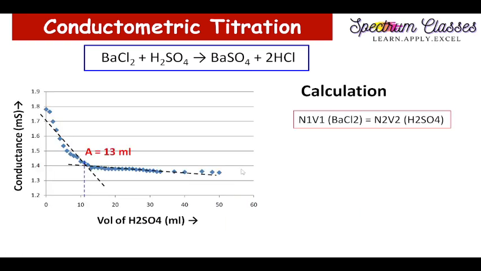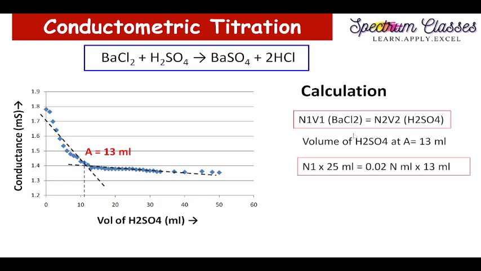Now the calculation part. The calculation can be done by this normality equation. In this case the normality of H2SO4 is N by 50, meaning 0.02 normal, and the volume of H2SO4 consumed is 13 ml at the endpoint. The volume of barium chloride I initially took is 25 ml. So I have written 25 ml of barium chloride solution, the normality of H2SO4 is 0.02 normal, and the volume of H2SO4 consumed is 13 ml.